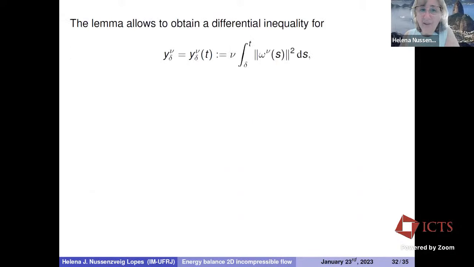This lemma allows us to obtain a differential inequality for y, which is no longer going to be equal. Before, our y was just the L2 norm squared of the viscous vorticity. Now it's going to be the full dissipation.